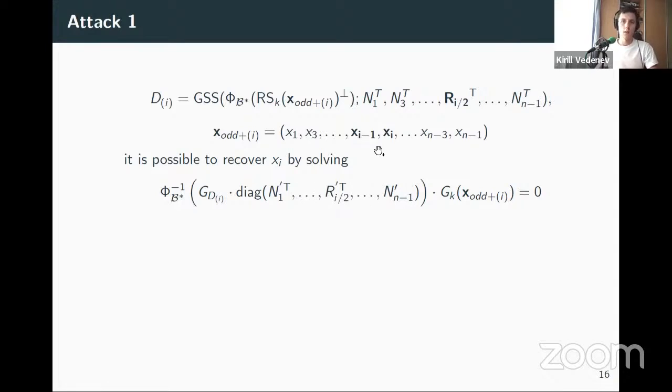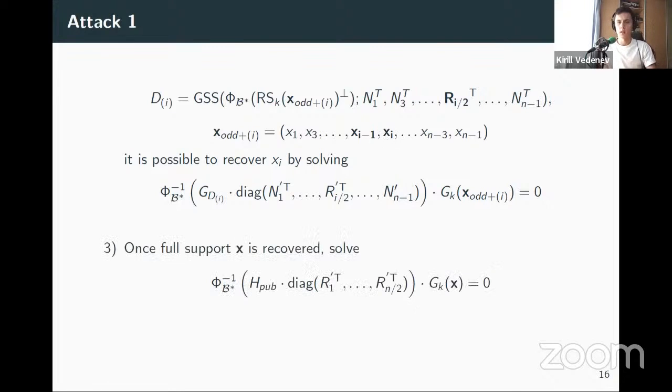If it does, then Xi is found. So this allows us to recover the full support of the underlying code, and once the full support is recovered, we can recover the remaining parts of the secret key, also by solving a linear system. And so we obtain a secret key for the IKZ protocol.